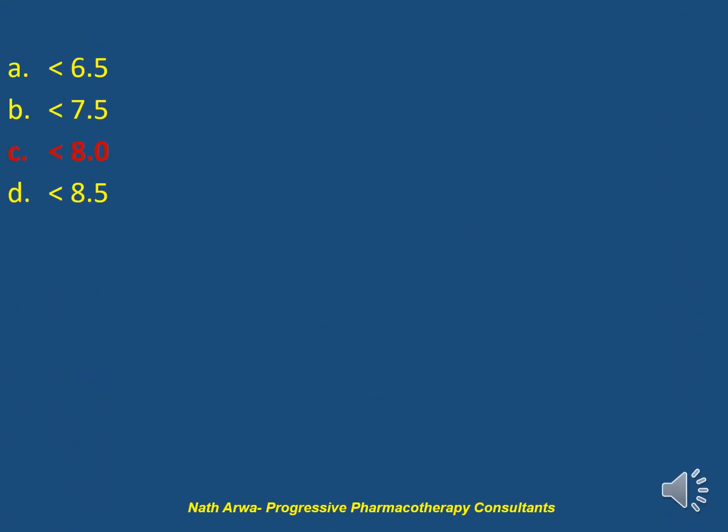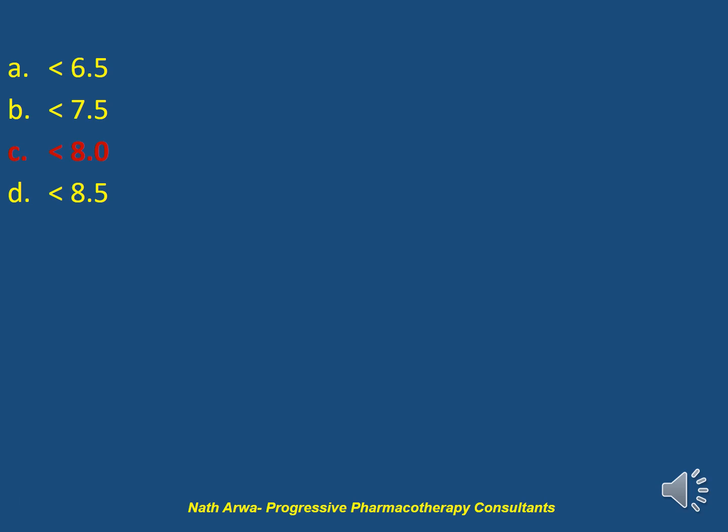So in my opinion, C would be the correct answer. Yeah, it should be below 8. She has multiple chronic comorbidities such as hypertension, chronic kidney disease stage 4, osteoarthritis, heart failure, and above all, she's elderly.